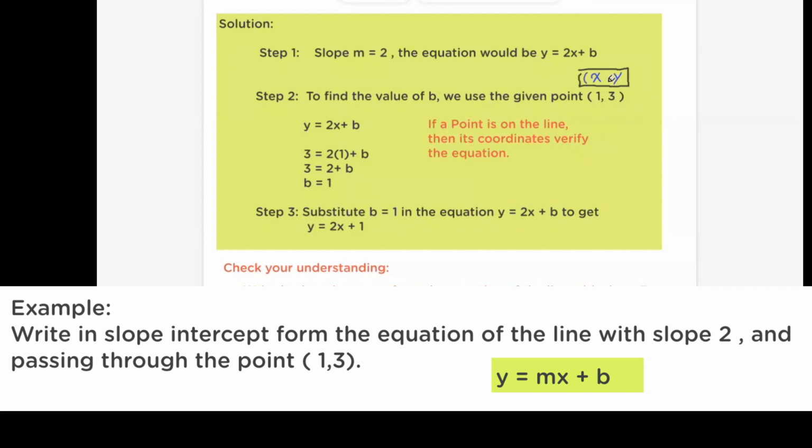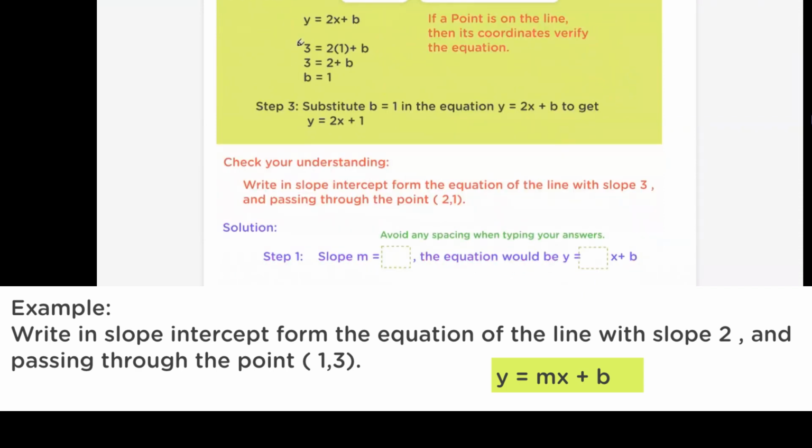Good. Excellent. So all of you, make sure you take your equation as it is, and this x, you put 1. And this y, you put what? 3. So you get this form.